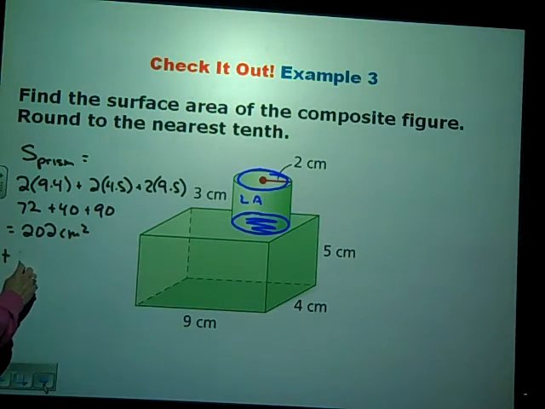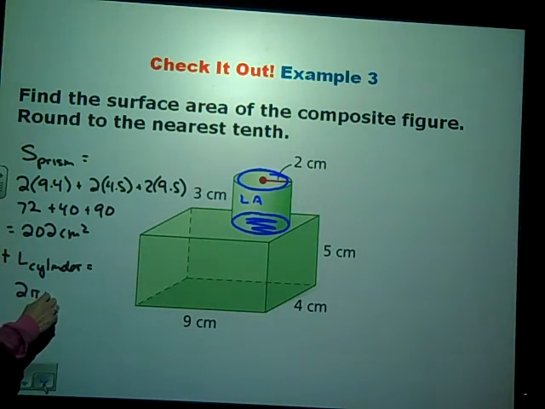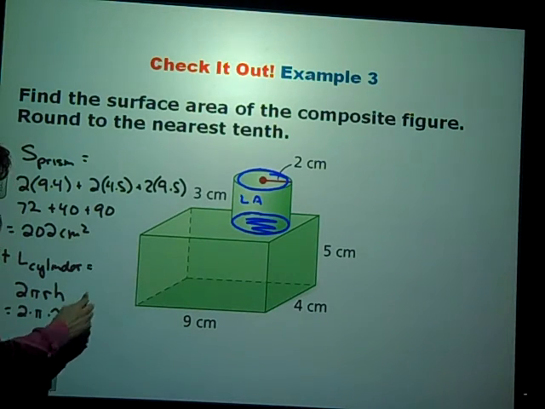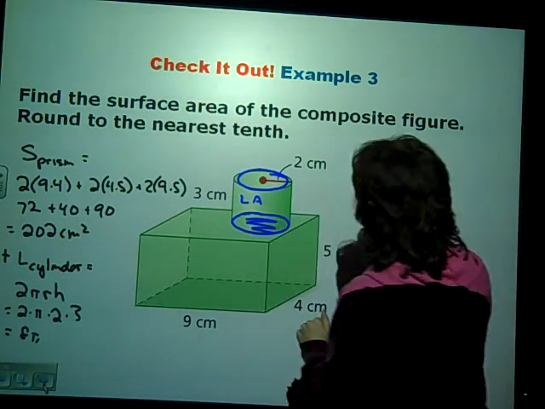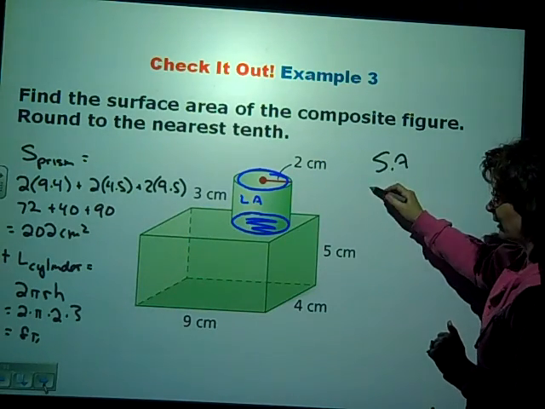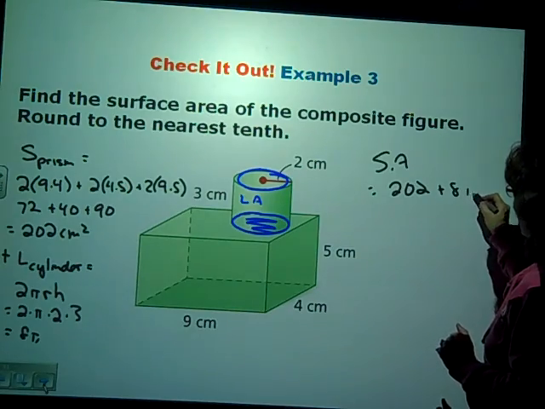Now I need the lateral area of my cylinder, which is 2 times pi times the radius, the circumference, the perimeter, times the height. So that'll be 2 times pi times 2 times 3. 3 times 2 is 6, times 2 is 12 pi. So now all I need to do for my total surface area is add 202 plus 12 pi.